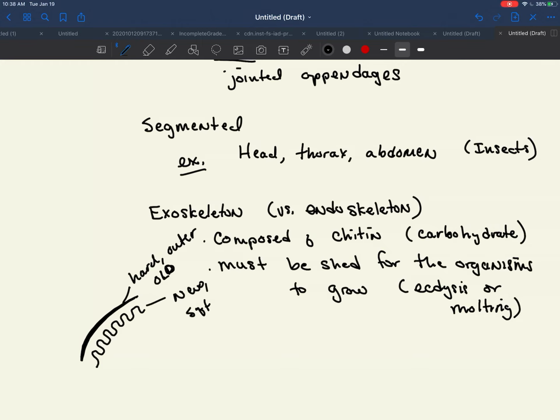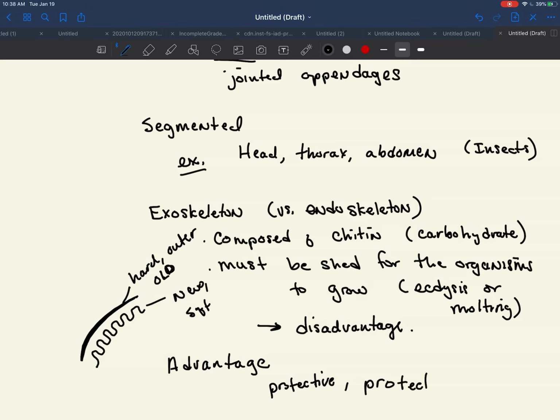So this could be an example of a disadvantage to having an exoskeleton. Let's look at an advantage. An advantage is that it is protective when you're not molting, and it also protects against water loss.